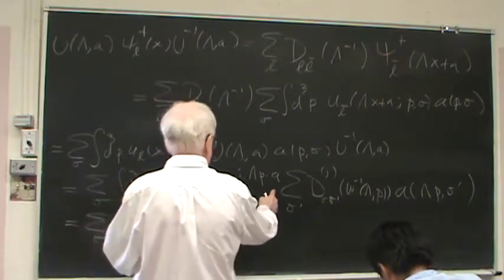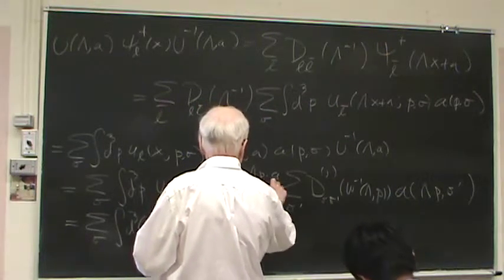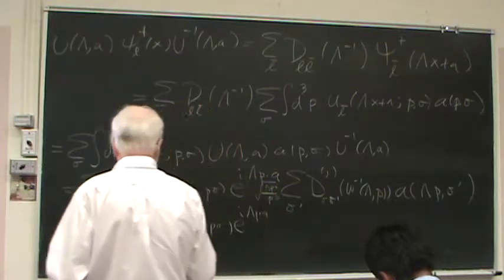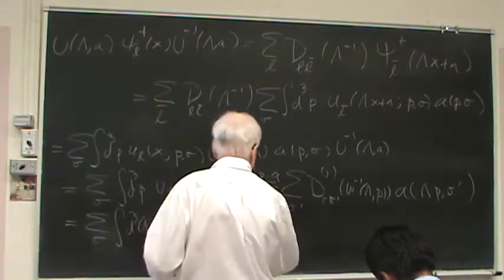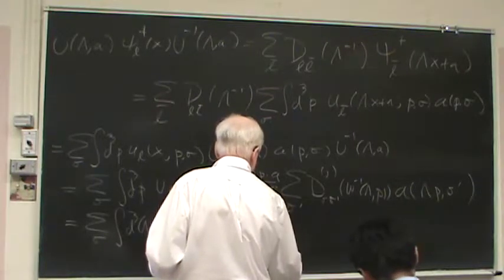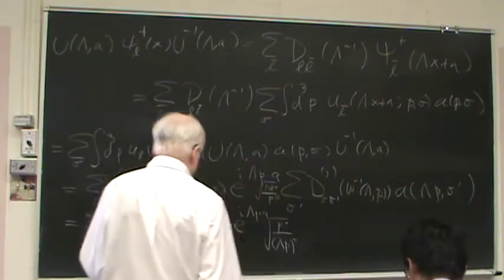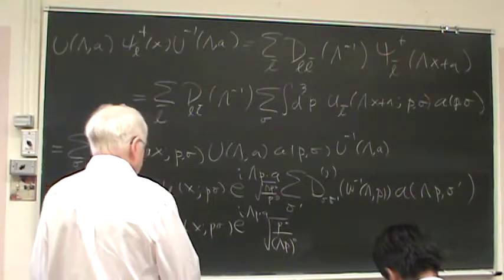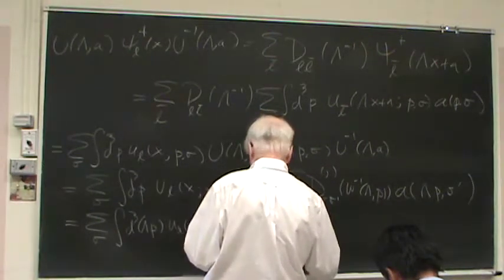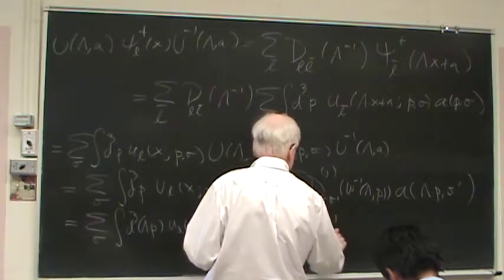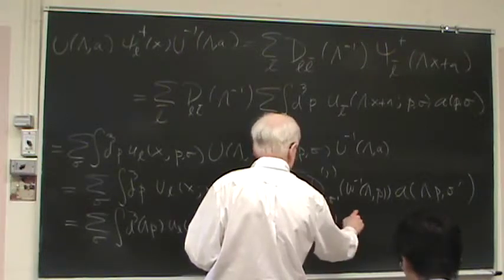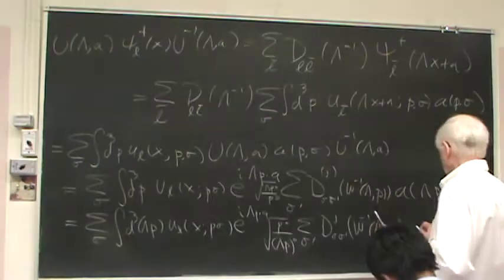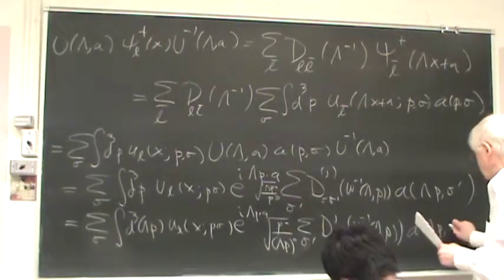Yeah, right here I left out a square root. So let's put in a square root of lambda p0 over p0. And now when we do this transformation, it inverts this to p0 over lambda p0, and then sum sigma prime D^j sigma prime of W inverse of lambda and p, a of lambda p comma sigma prime.